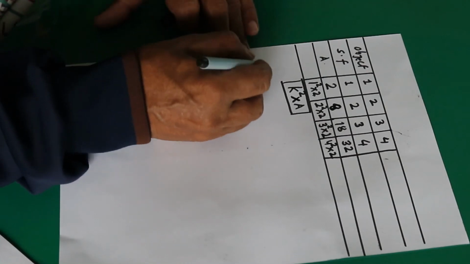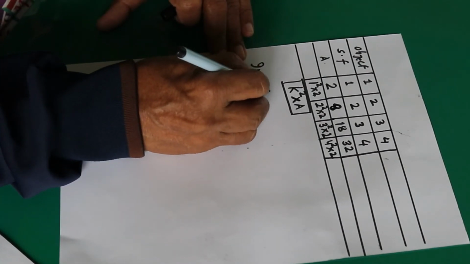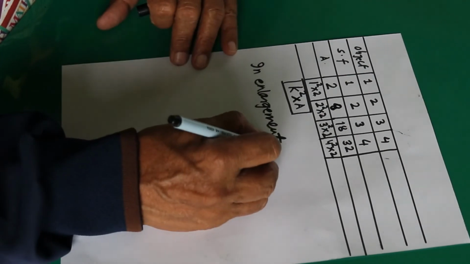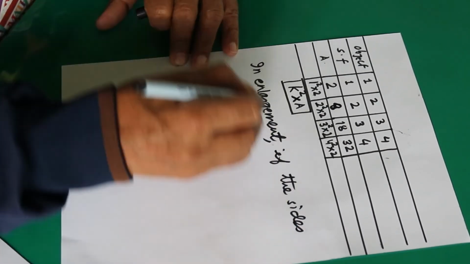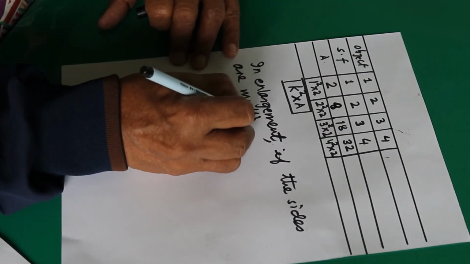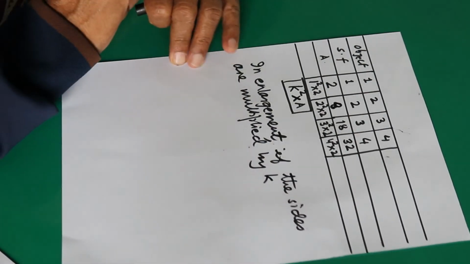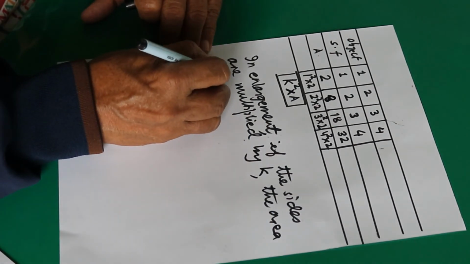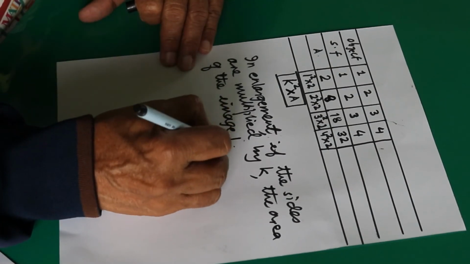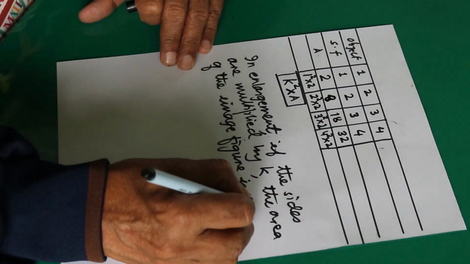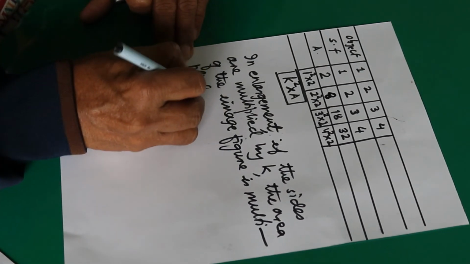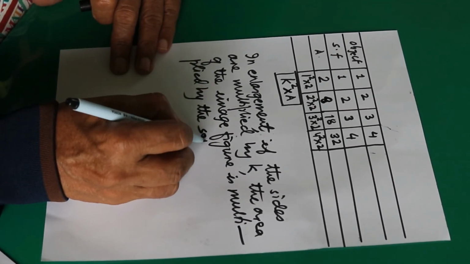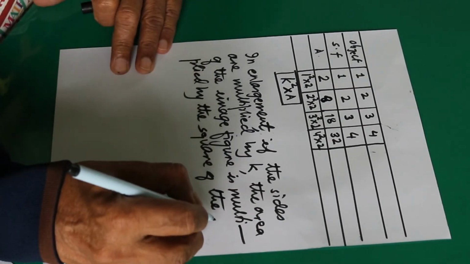Therefore, in language, what we write here as a conclusion is that in enlargement, if the sides are multiplied by k, the area of the image figure is multiplied by the square of the scale factor.